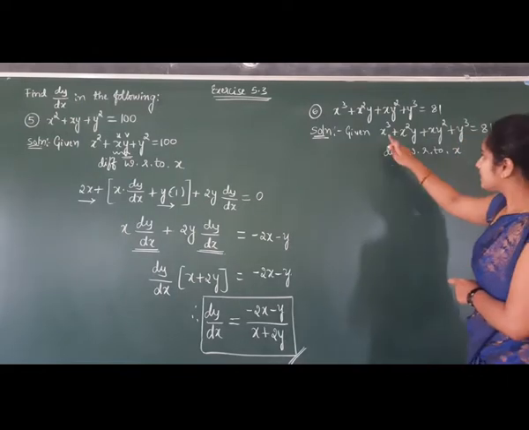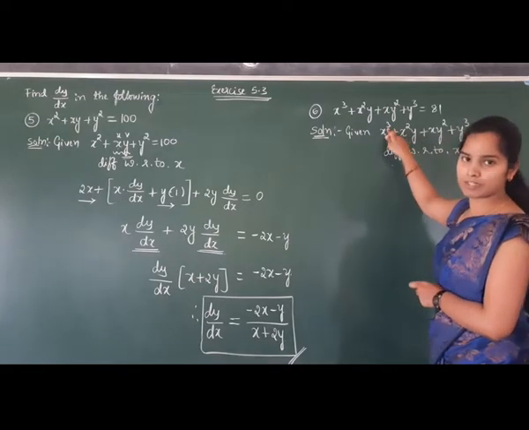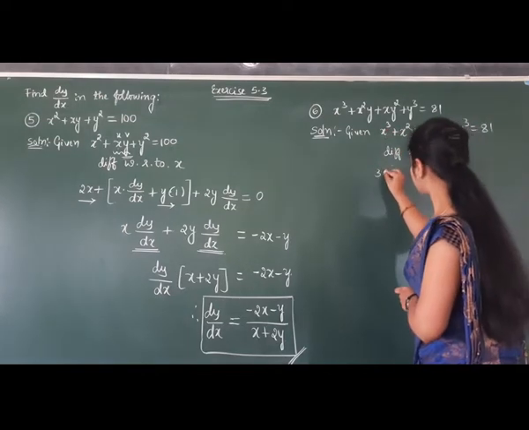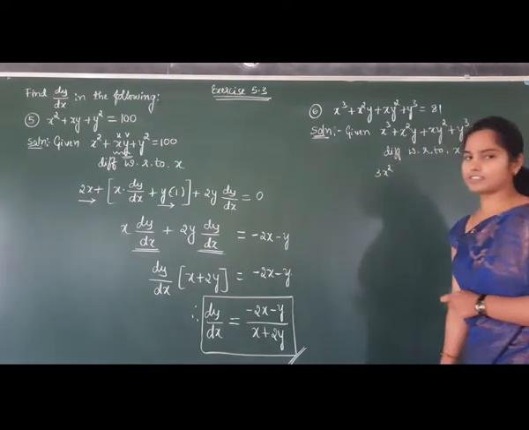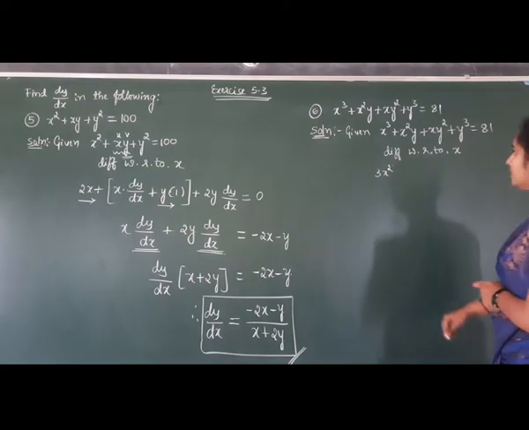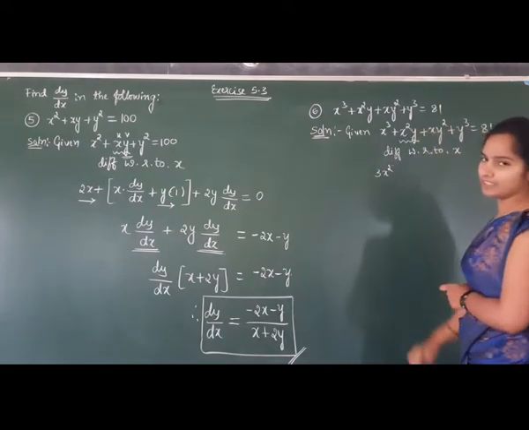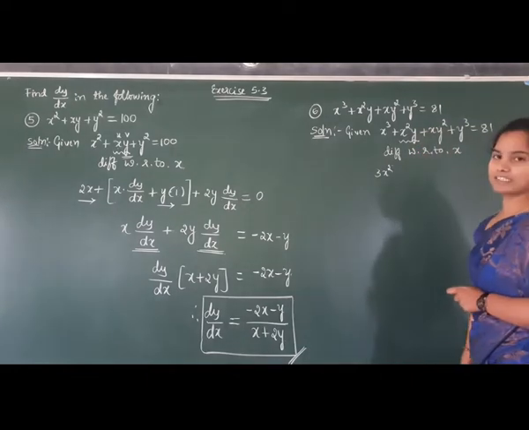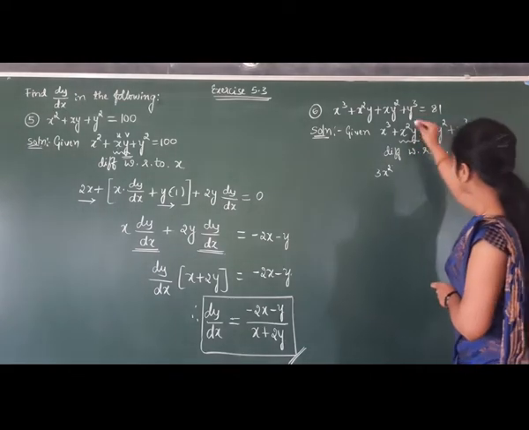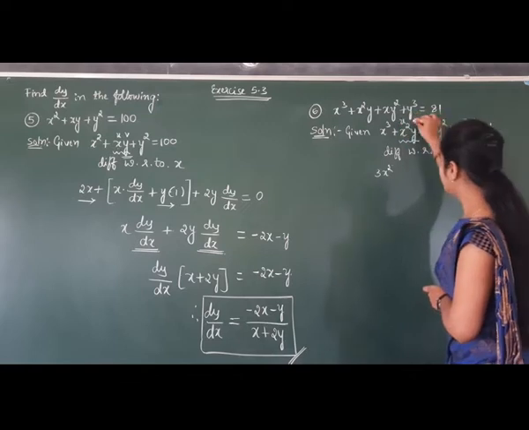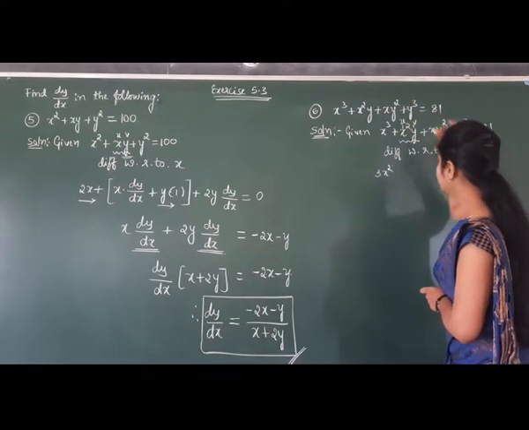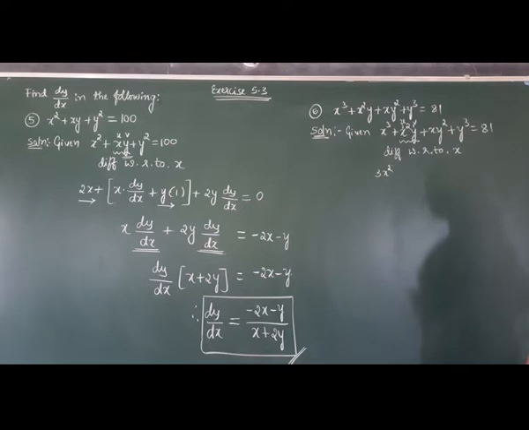So then the derivative of x cube with respect to x is 3x square. Okay. So here is the two functions, that is x square into y. So here we need to apply the product rule. So take this as the first function u and this as the second function v. Okay.